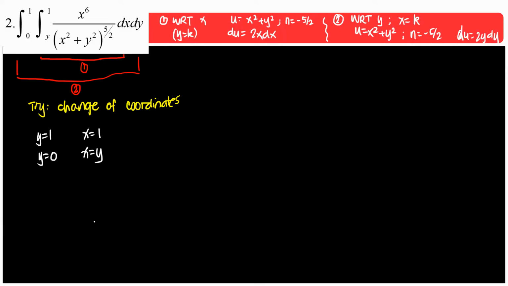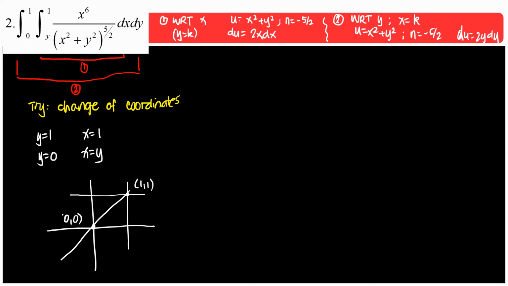So when we draw that, x is equal to y, up to x is equal to 1, y equals 0, up to y equals 1. So this one is 1, 1. This intersection is 0, 0.